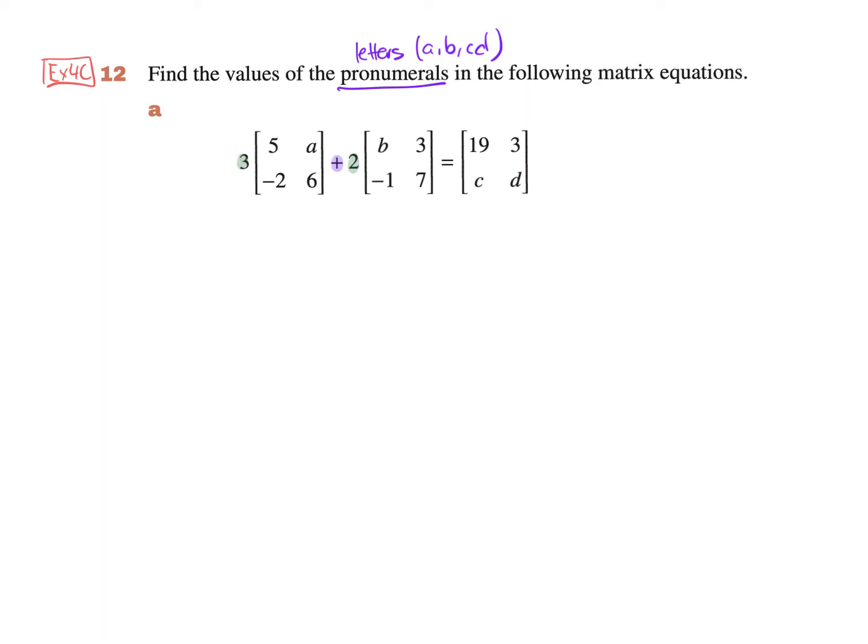Remember a scalar means you multiply every number in there by the number outside. So I would do that, and then the same for the 2 as well. So it'd be 2b plus 6 plus negative 2 plus 14. And then they're saying it equals this.